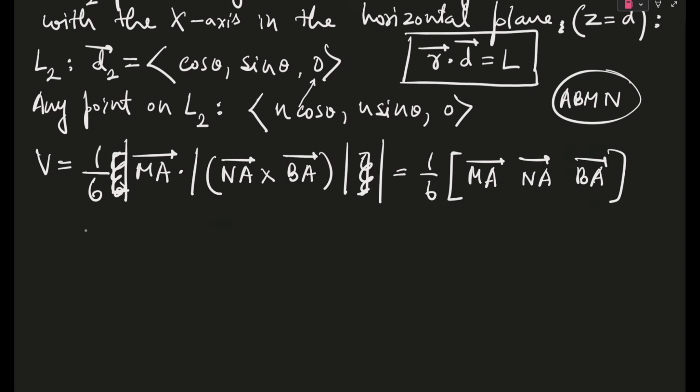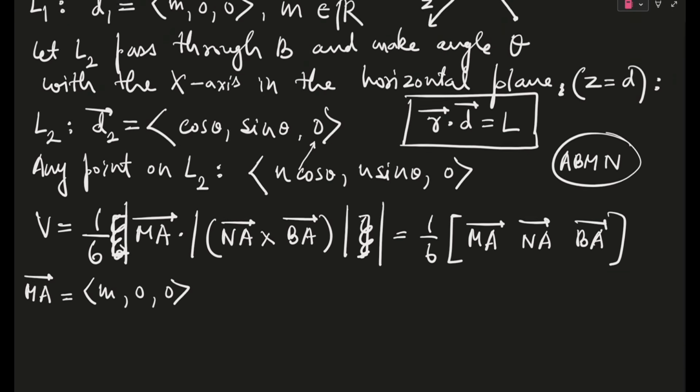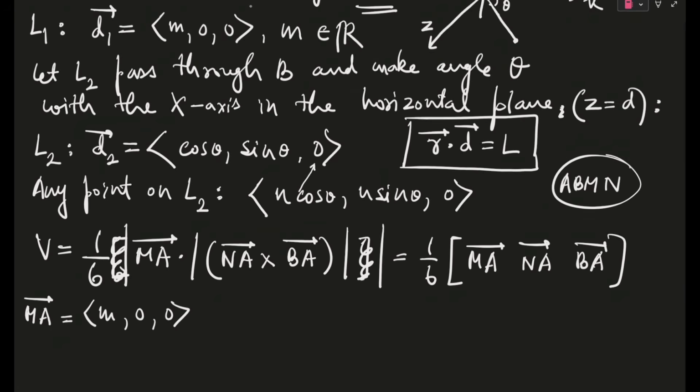Now if we want to calculate this, first we have to determine these vectors. MA vector is very simply M, 0, 0. One thing you can note here is that this direction vector simplifies the point M.